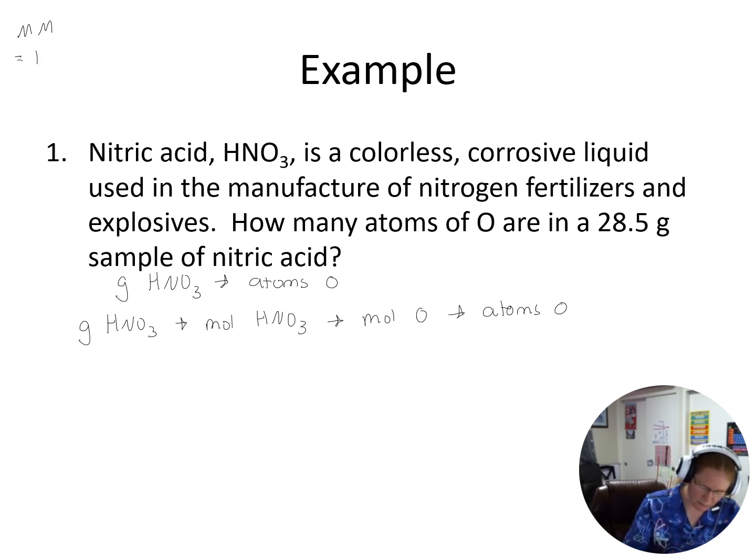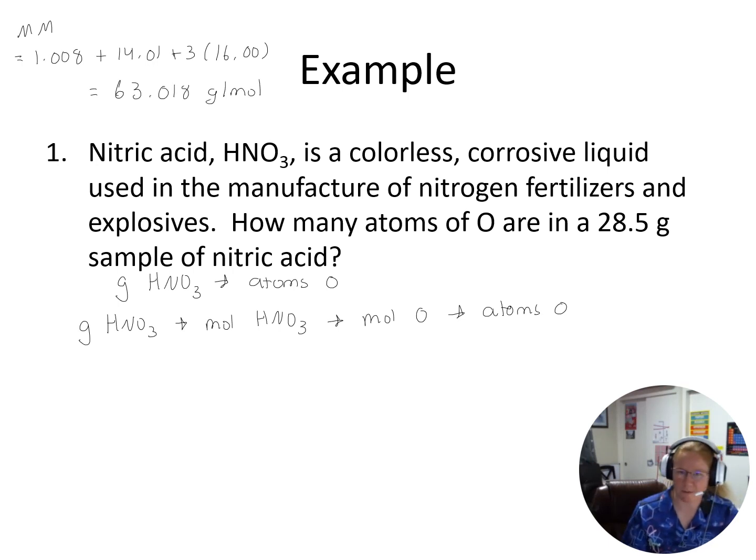So hydrogen is 1.008, nitrogen is 14.01, and then I have 3 oxygens, each at 16. So my molar mass of nitric acid is going to be 63.018 grams per mole. Okay?